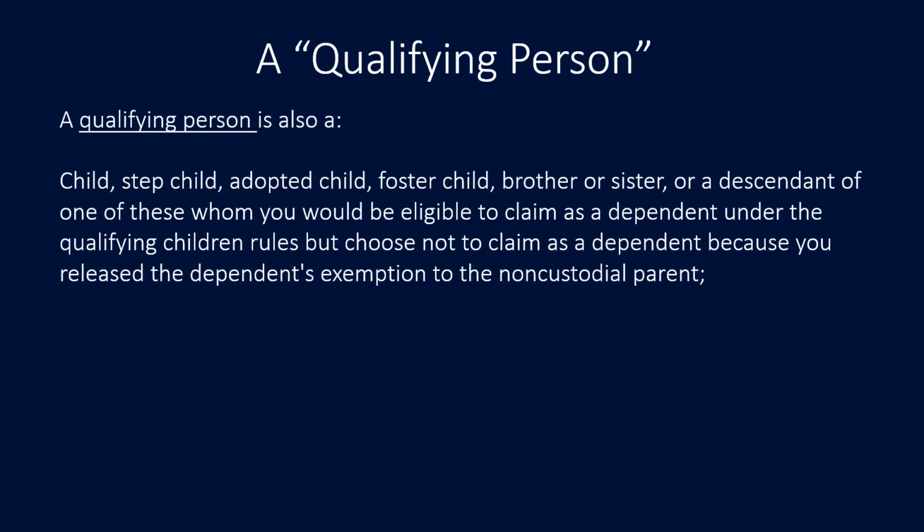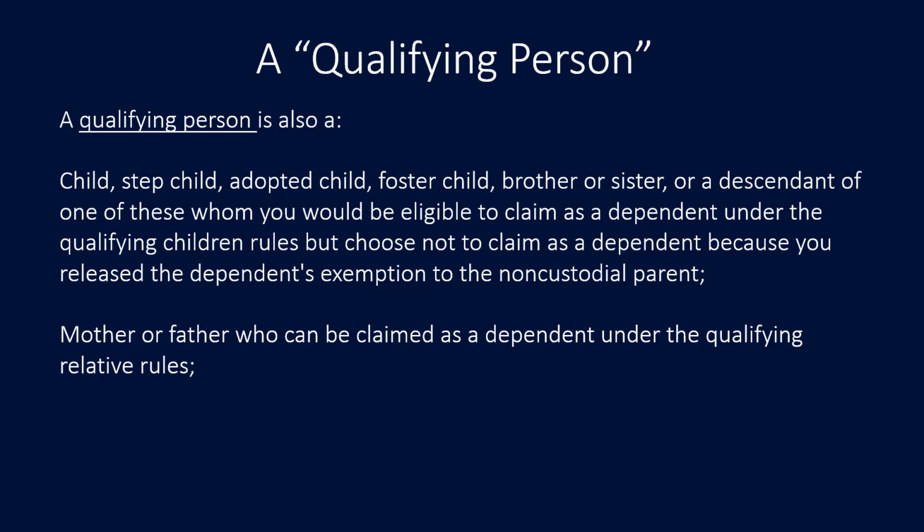A qualifying person is also a child, stepchild, adopted child, or foster child who's placed in the home by an authorized agency, a brother or sister, or a descendant of one of these whom you would be eligible to claim as a dependent under the qualifying children rules, but choose not to claim as a dependent because you released the dependent's exemption to the non-custodial parent.